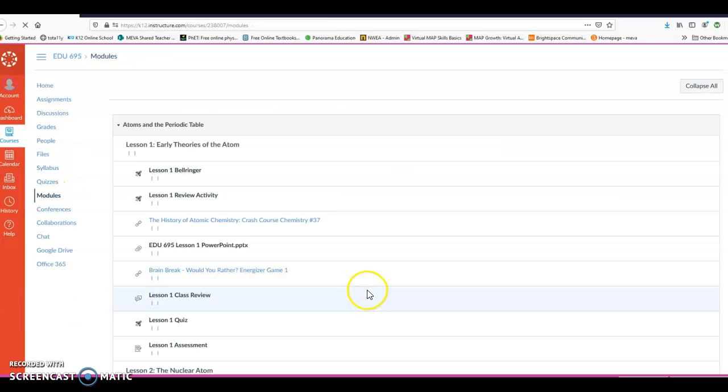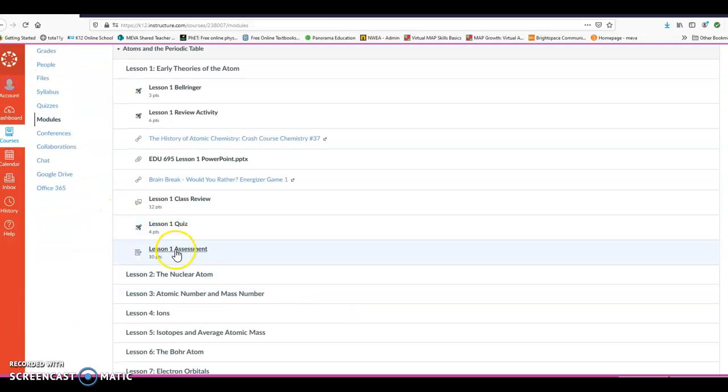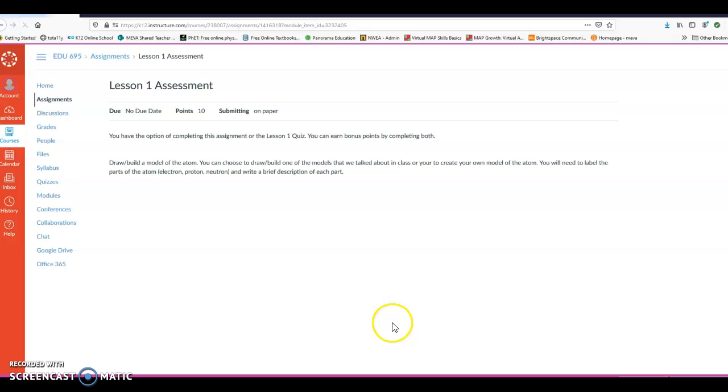But if they're more of a creative type student or wanting to be more hands-on, they have the option of doing the lesson 1 assessment, which is drawing or building a model and then uploading that to this Dropbox. And then for those students who want to go above and beyond, there is the option to do both. So if they want to do both, they can earn bonus points by doing that.